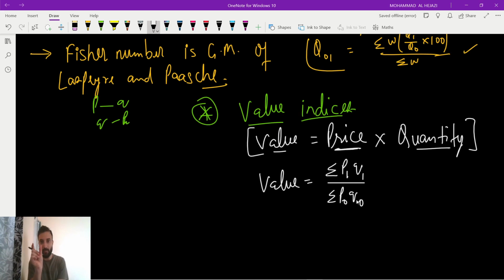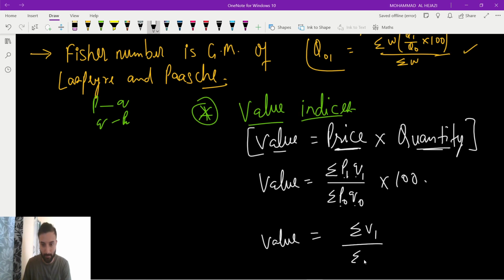We make one column of P1 into Q1 and another column of P naught into Q naught, and take the summation, into 100. And one more: V1 by V0 into 100. This is the value for the current year divided by the value for the base year. Now we have two formulas.